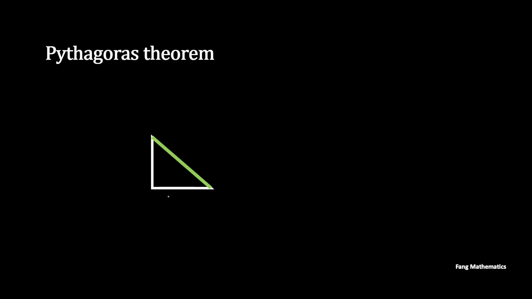Let's introduce the first theorem we have, called the Pythagoras Theorem. It tells us that, given a right-angled triangle, opposite the right angle we have the longest side, labeled in green and known as the hypotenuse, with length c. I want to use the length of the hypotenuse to create a square, and I denote the area of the square as c squared.